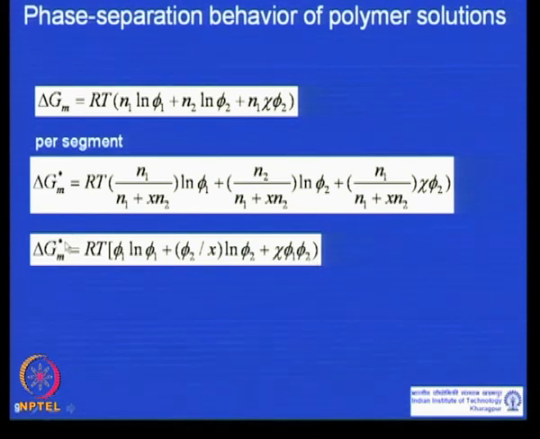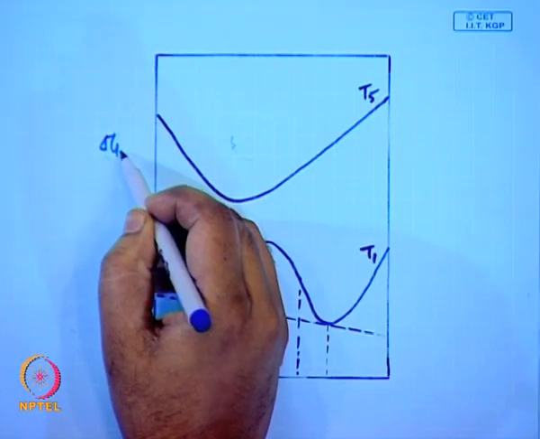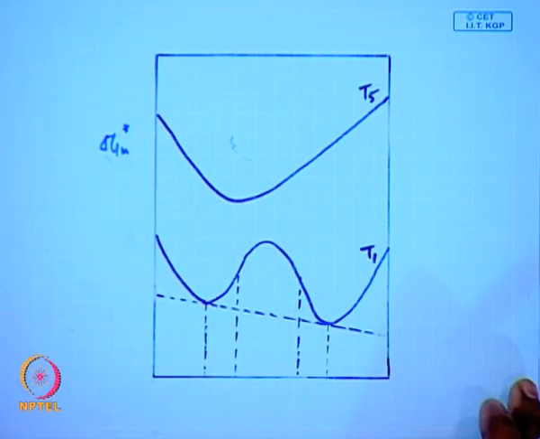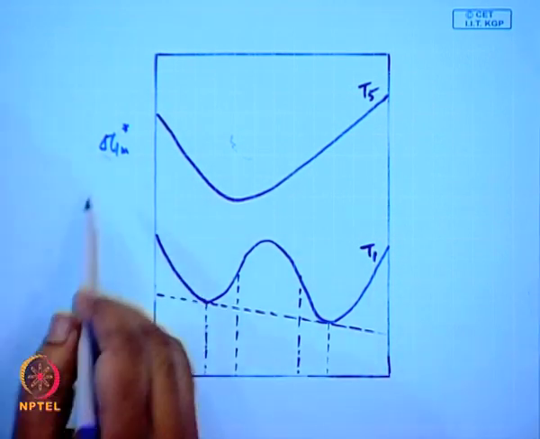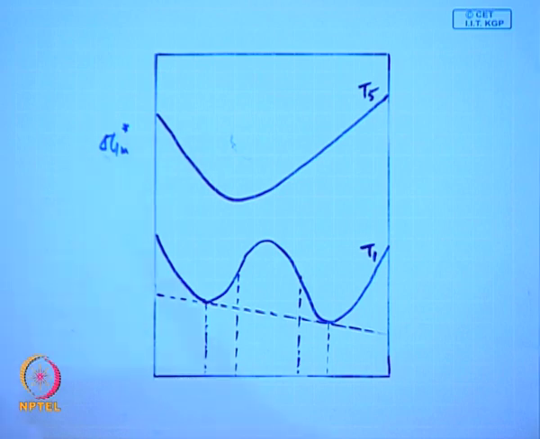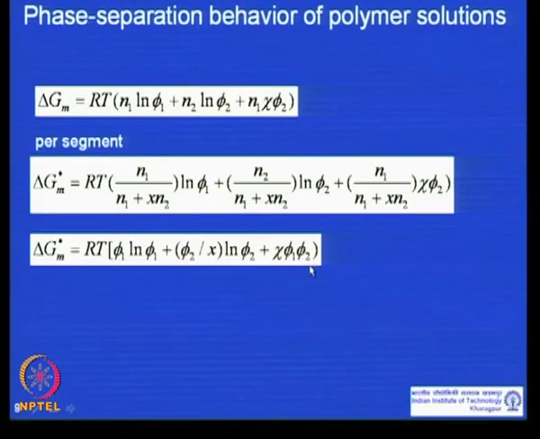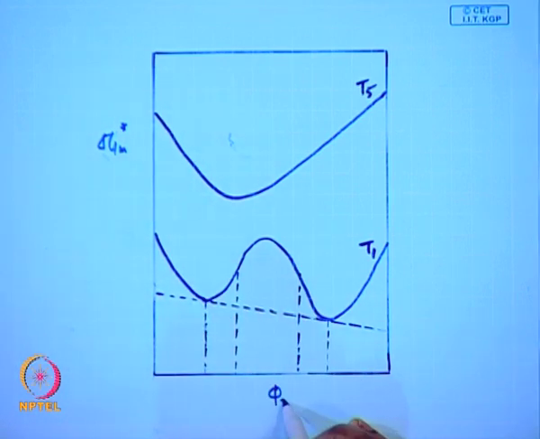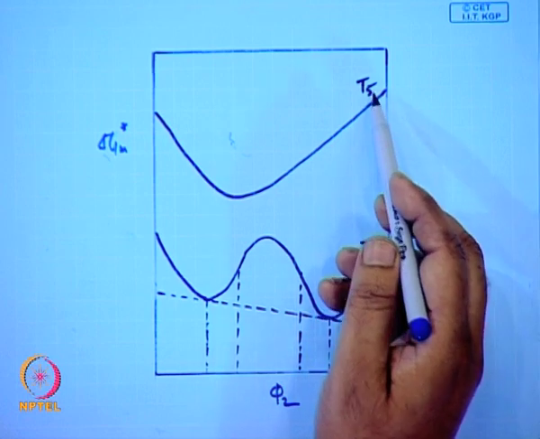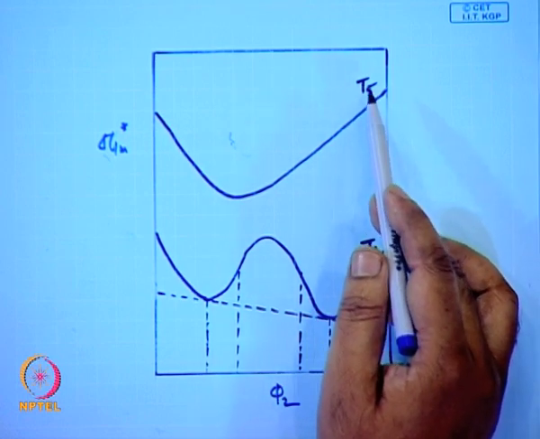So if you plot delta G mixing per segment from the expression we just saw, it will give two general types of variation of Gibbs free energy with phi 2, the volume fraction of the polymer. Now, let us consider this case, where the temperature is T5.